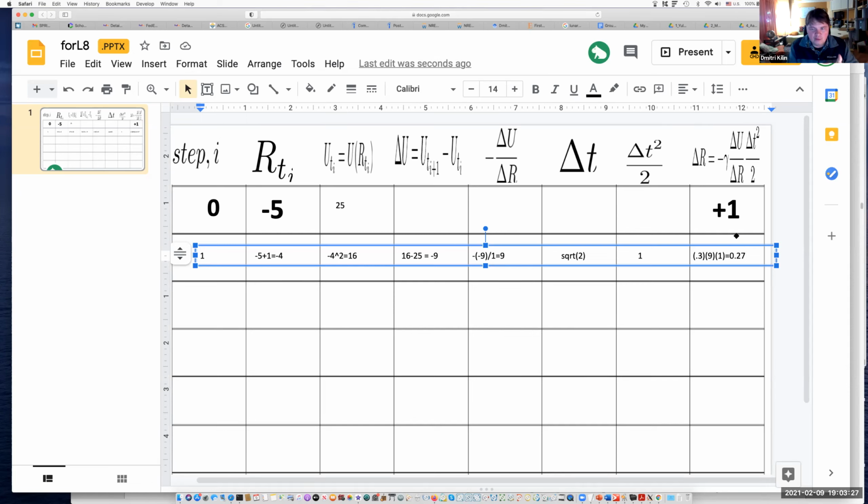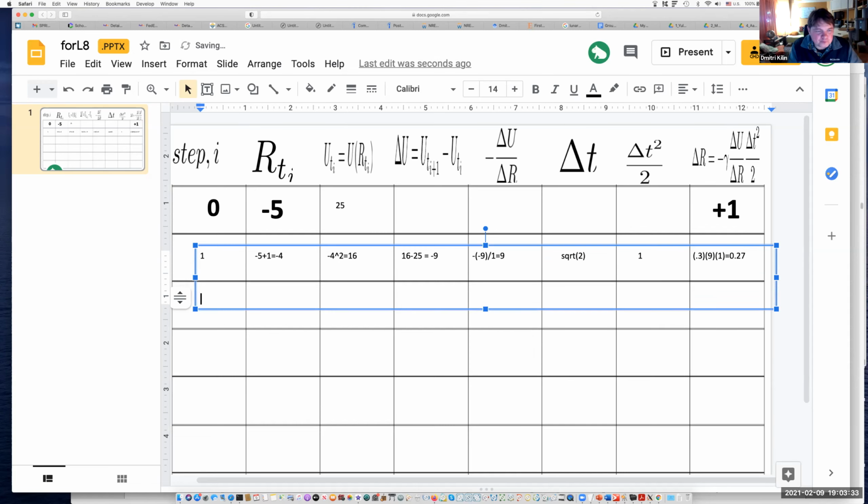I'll do maybe a few cells more, and then we'll try one after another. So step number 2, the new position will be minus 4, which was previous position, plus 0.27.